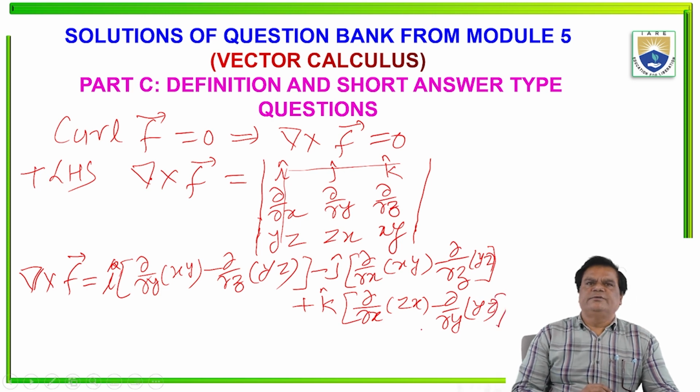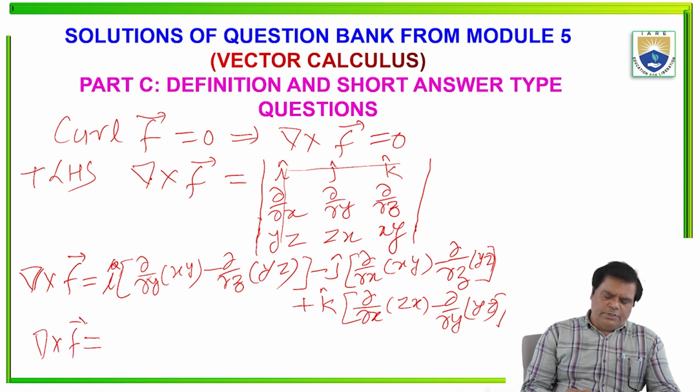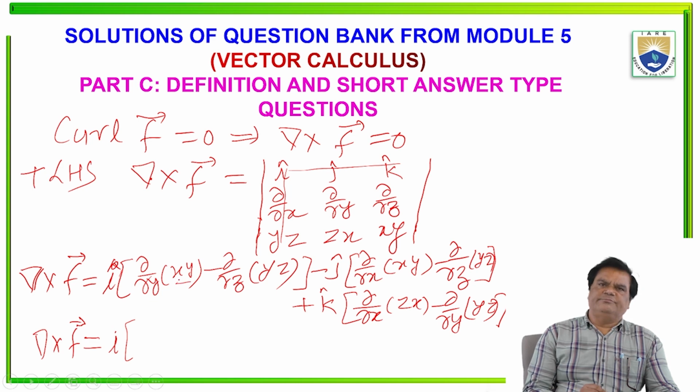After differentiating, we get del cross F equals i times the bracket. Differentiating xy with respect to y, x is constant, so x dou over dou y of y.